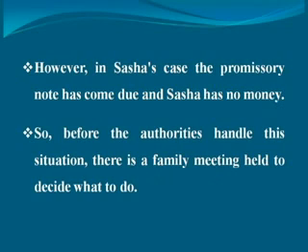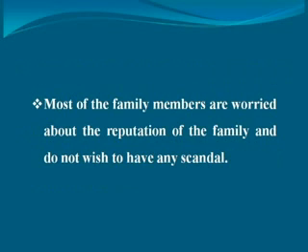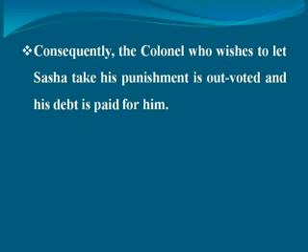So before the authorities handle this situation, there is a family meeting to decide what to do. Most of the family members are worried about the reputation of the family and do not wish to have any scandal. Consequently, the colonel, who wishes to let Sasha take his punishment, is outvoted and the debt is paid for him.